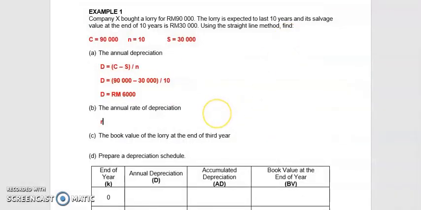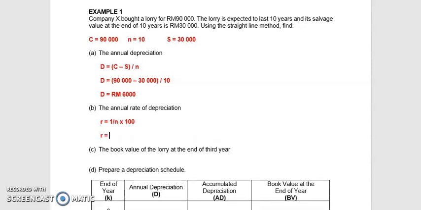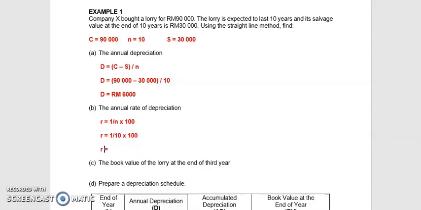So here R equals 1 over n multiplied by 100. So 1 over 10 multiplied by 100 is equivalent to 10%, right? So this lorry, every year it depreciates by 10%. So 10% is also equivalent to 6,000.